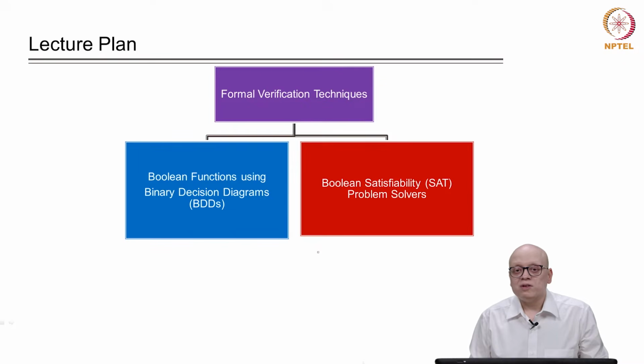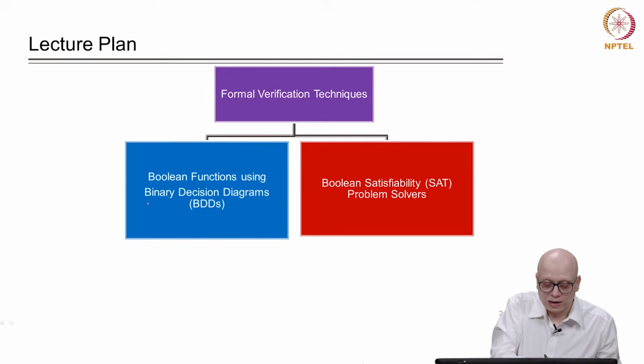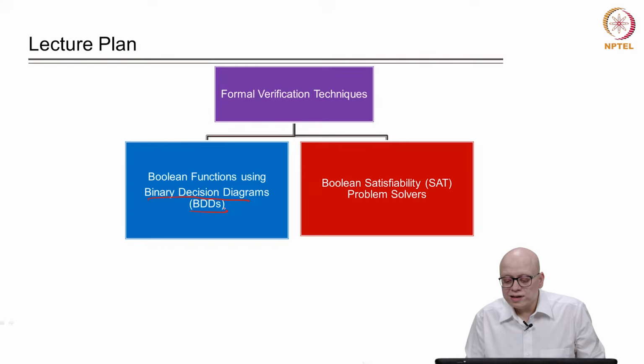In the earlier lectures, we had seen the two formal verification techniques that made formal verification tools scalable for VLSI applications: Boolean function representations using binary decision diagrams, and Boolean satisfiability solvers, which were quite efficient.